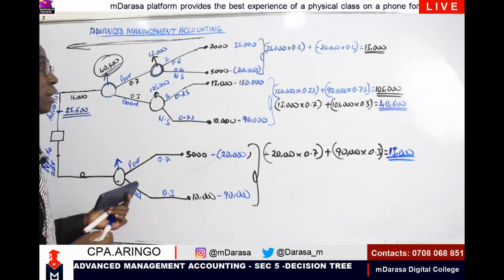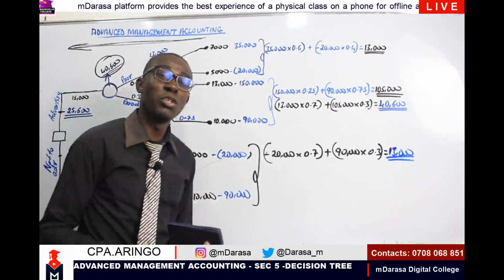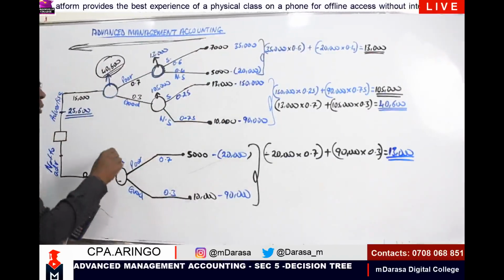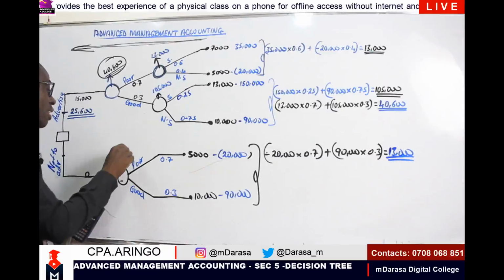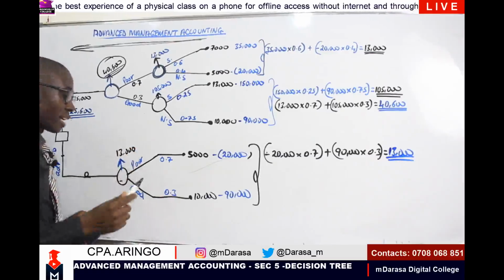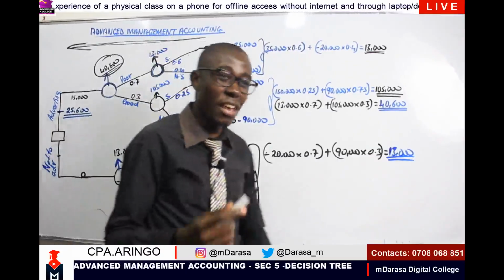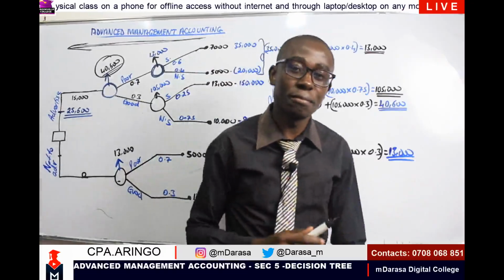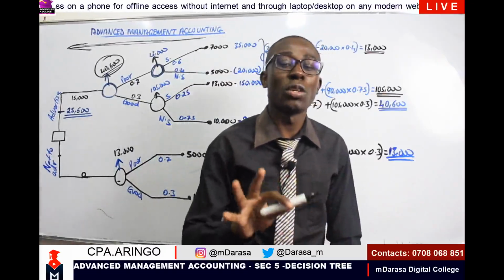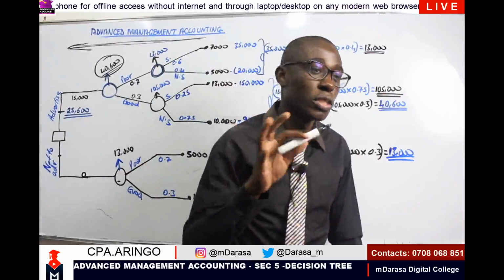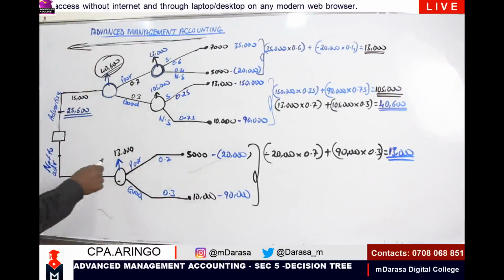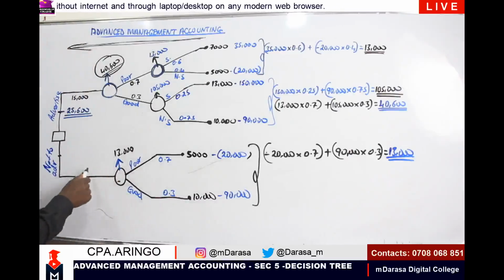We are going to have our expected revenue if we don't advertise, which is 13,000. And the question that we are going to ask ourselves is this: if we don't advertise, is there any cost that you are going to incur? There is no cost at all. So that means at this point, I'll be having 13,000 minus 0.